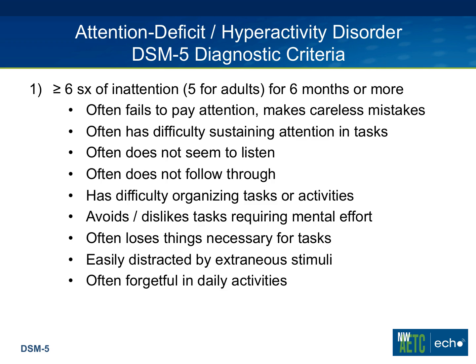So these are a list of some of the symptoms of inattention. You can read down on this: difficulty organizing tasks, not listening, sustaining attention in tasks, making careless mistakes, losing things, and easily distracted by extraneous stimuli, for example. So those are the symptoms of inattention.